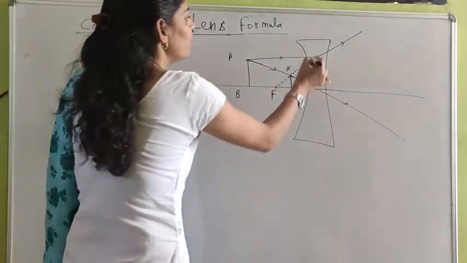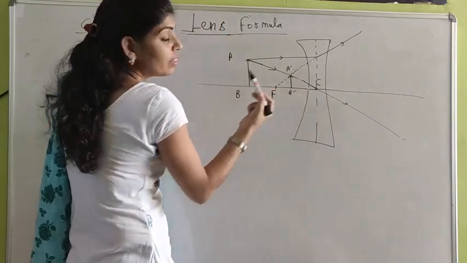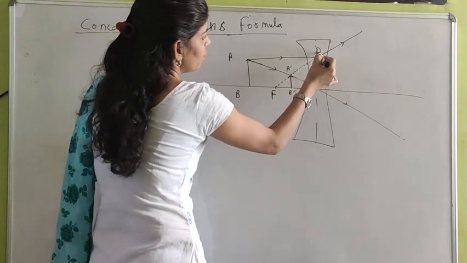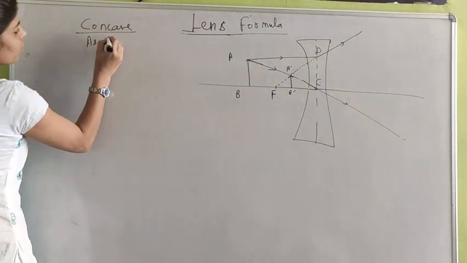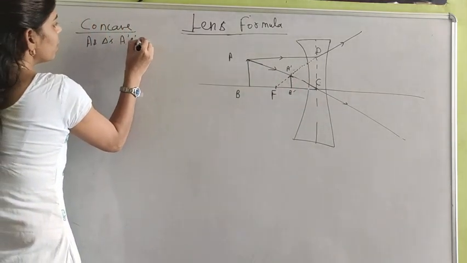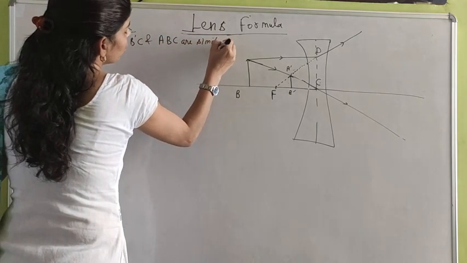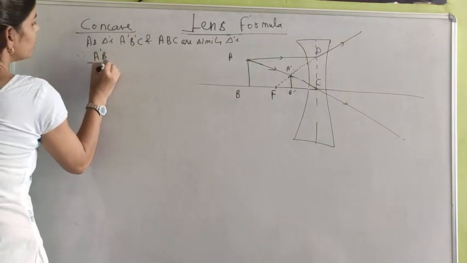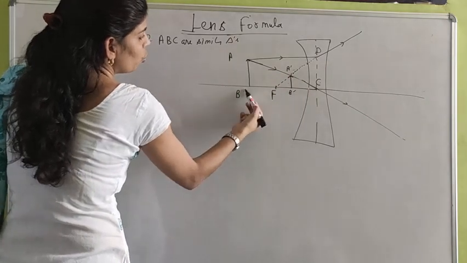Now we will do the same. As triangles ABC and A dash B dash C are similar, in the same way A dash B dash F and CDF are also similar triangles. Therefore A dash B dash over AB is equal to B dash C over BC.